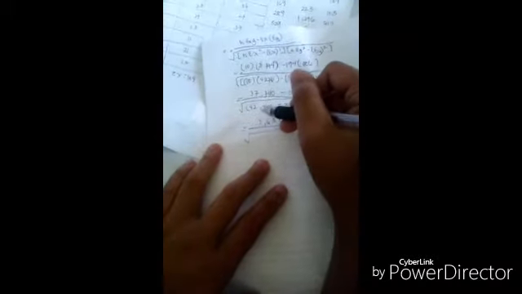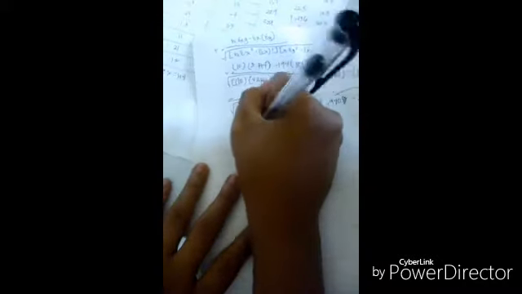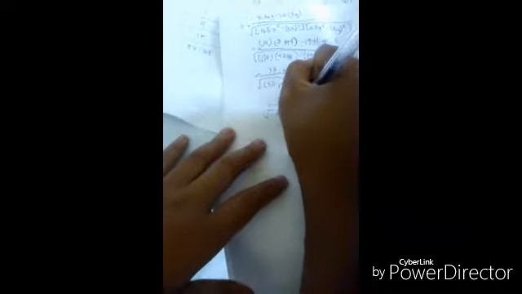1,656 over square root, then 42,760 minus 37,636 is equal to 5,124. Then 45,940 minus 34,596 is equal to 11,344.